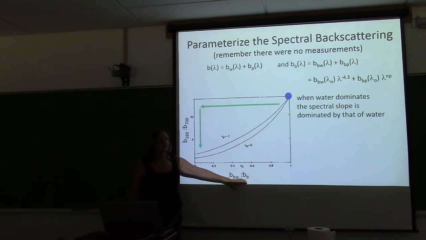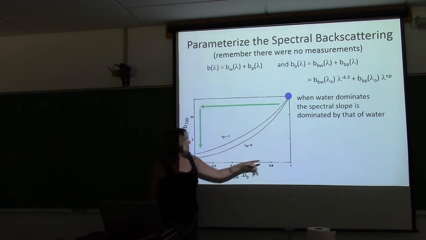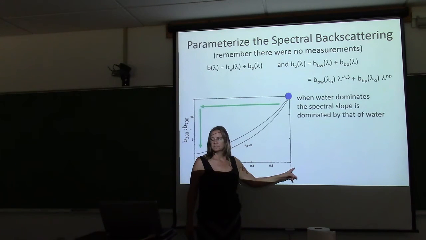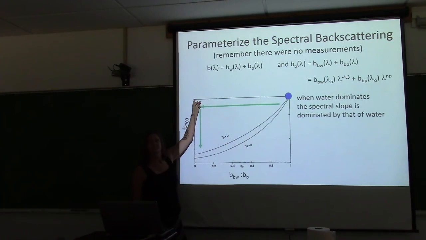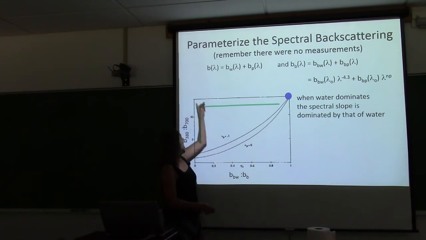So this is a graph of the spectral slope of scattering from blue to red. And this is the fraction of total backscattering that is due to water. Okay? So when this ratio is 1, that says that the backscattering is due totally to water, that there are no particles. And therefore, we know the spectral slope, because we know the spectral slope of pure water backscatter, right? And so when this term is small, this term obviously becomes this one, but it says something about the slope.